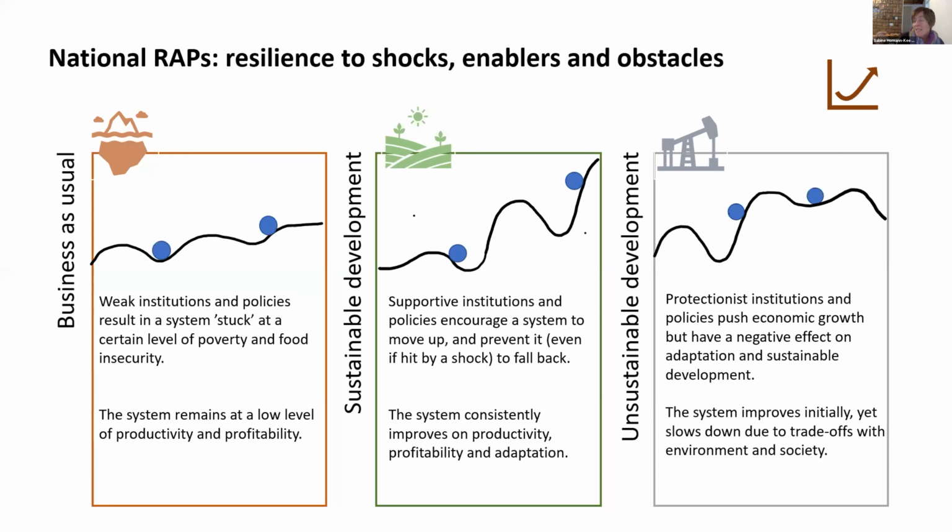Whereas a scenario that stakeholders have developed themselves of sustainable development would mean to altogether invest in supportive institutions and policies that really over time, even though shocks come in, help the systems to move forward and upward.